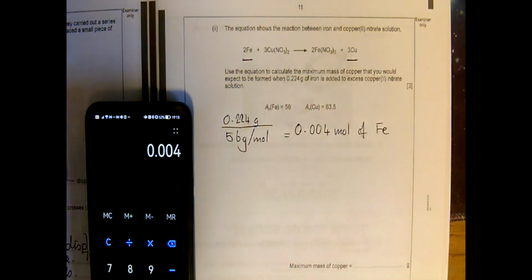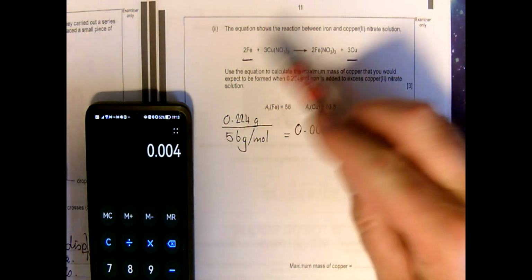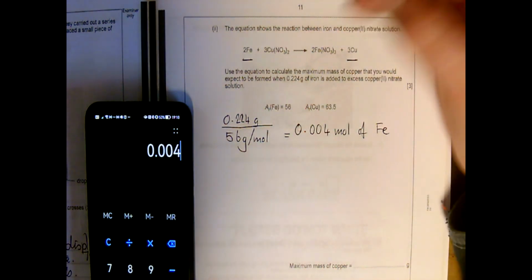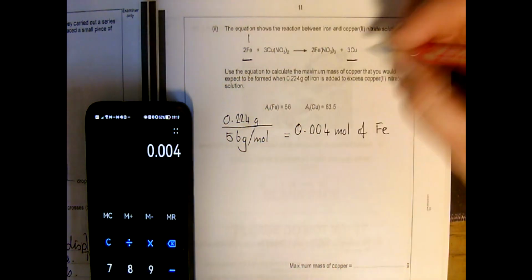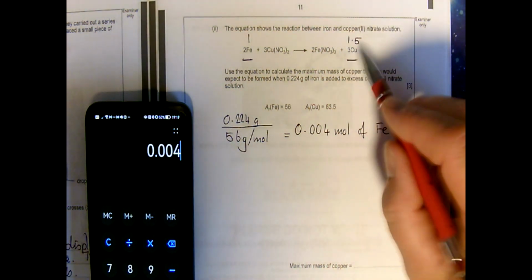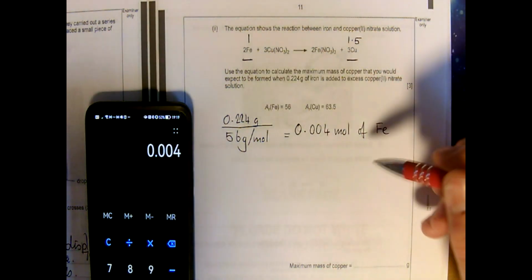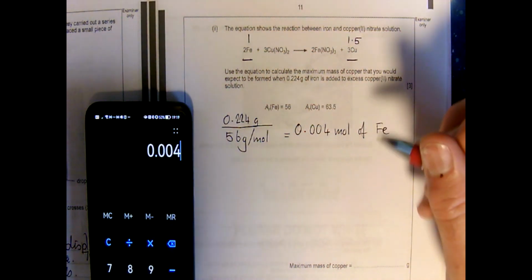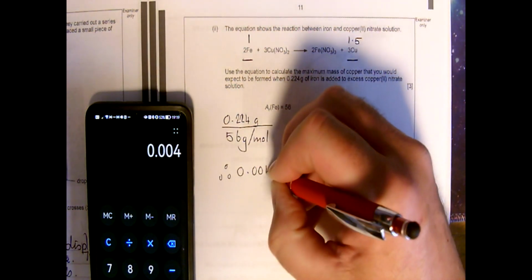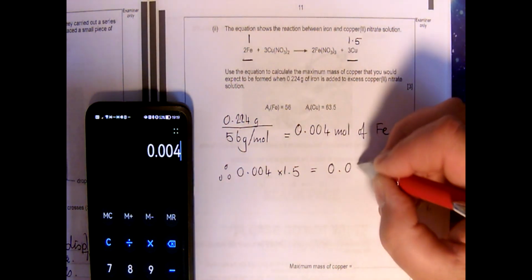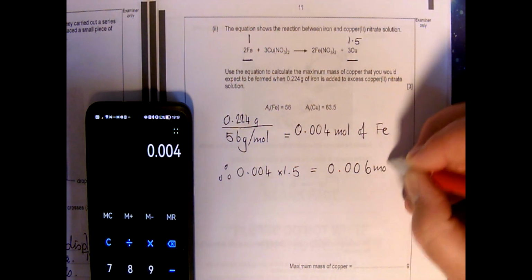The Ar actually is 56. 0.224 grams per 56 on the screen. 0.56 gives us 0.004 moles.